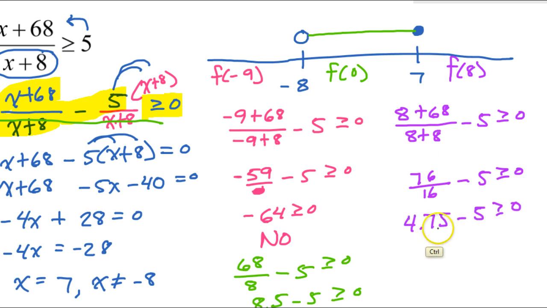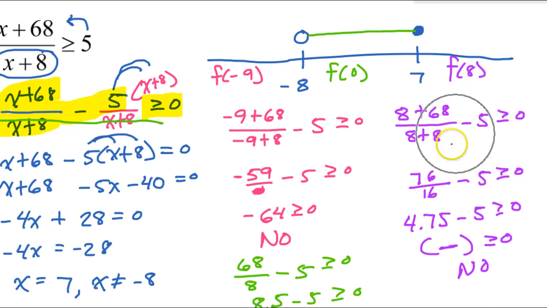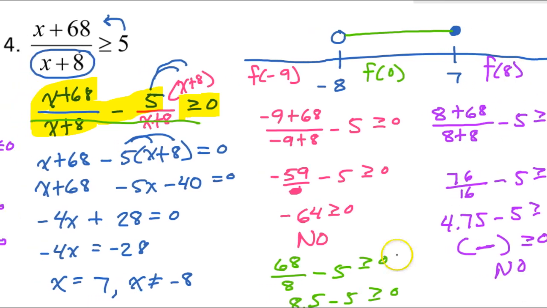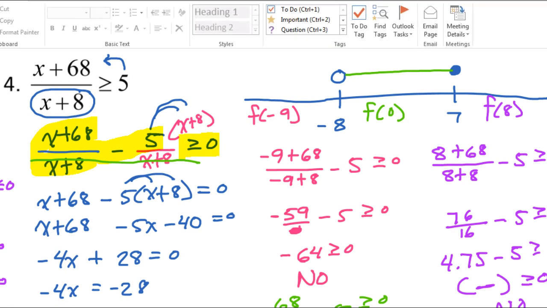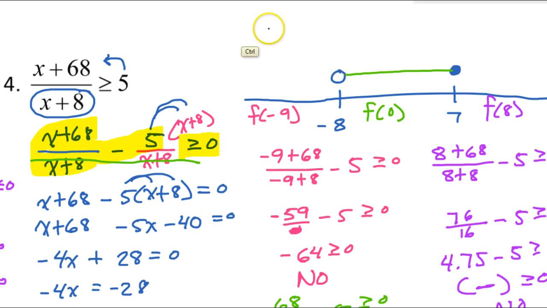And that gives me 4.75 minus 5. What matters is that this is going to be a negative number. All right? So is that going to be greater than or equal to 0? No. So I will have no solutions in that interval. So that means this is a graph of the solution set. So I can go ahead and write my final interval notation, which would be negative 8 to 7, parentheses, bracket.